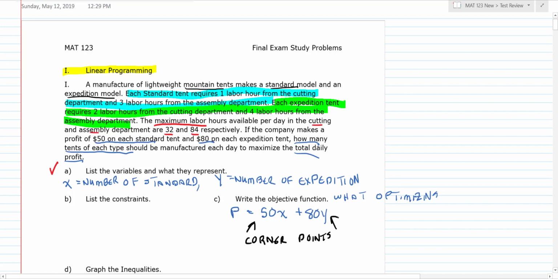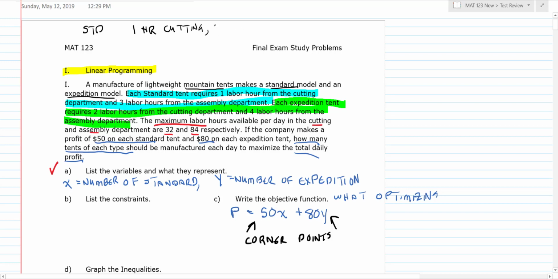All right, now the constraints is all this stuff that I have highlighted here. When you read this, I'm going to write this down at the side here. If you have a standard tent, it goes like this: 1 hour cutting. Sometimes you just write stuff down on scratch paper.